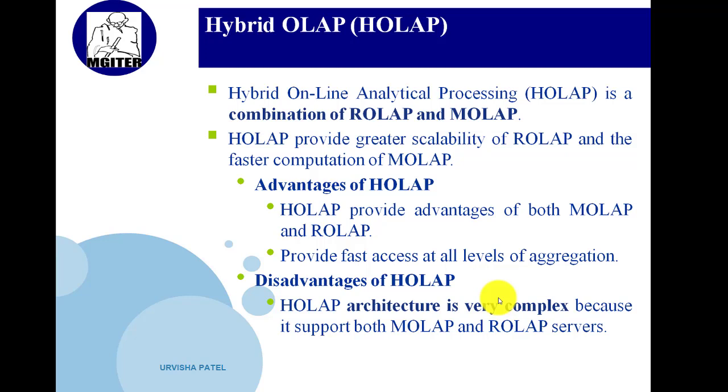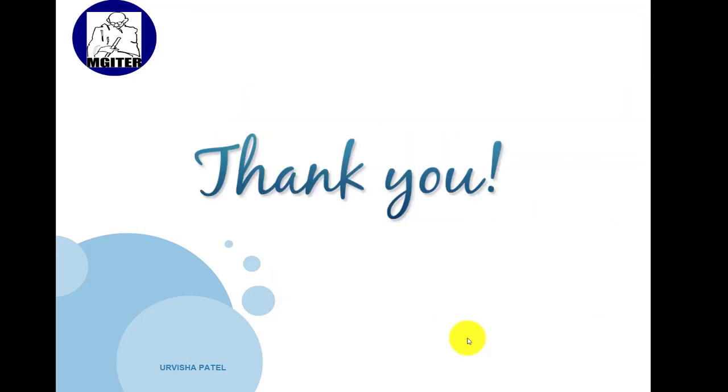HOLAP servers allow large volumes of detailed data to be stored in a relational database. Advantages of HOLAP: HOLAP provides both MOLAP and ROLAP, and provides fast access at all levels of aggregation. Disadvantage of HOLAP: HOLAP architecture is very complex because it supports both MOLAP and ROLAP servers.